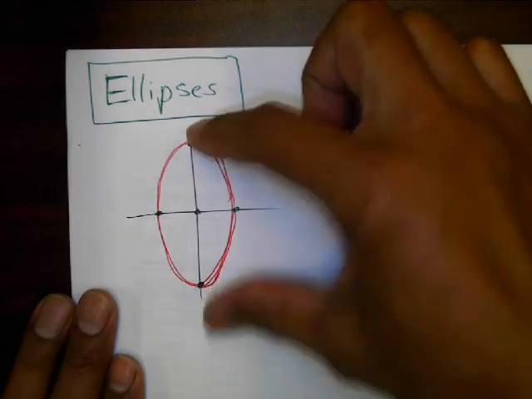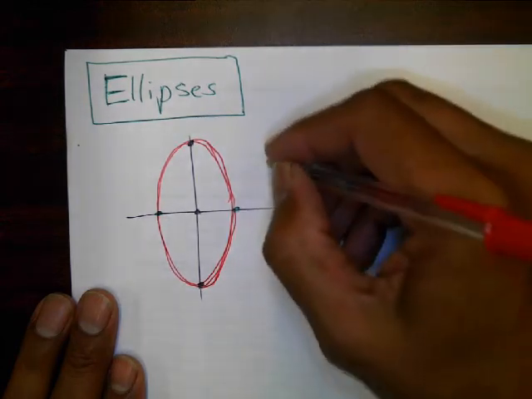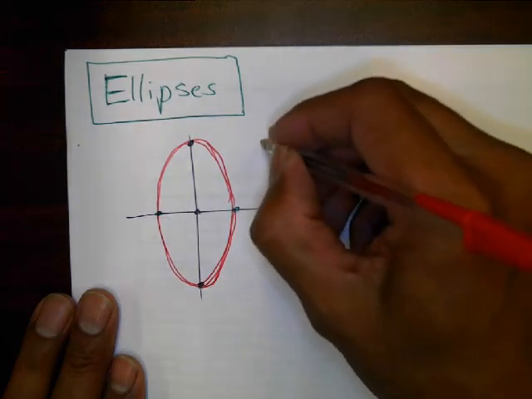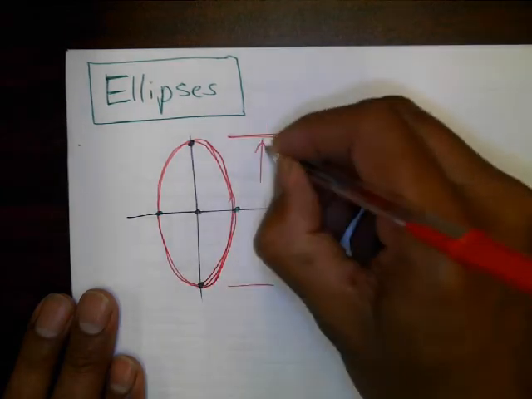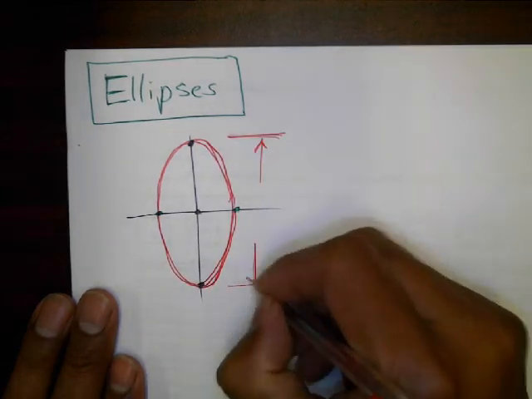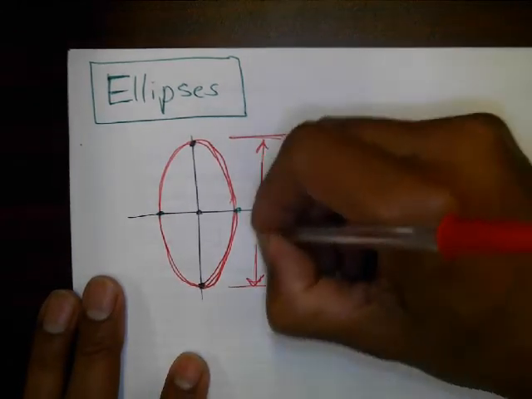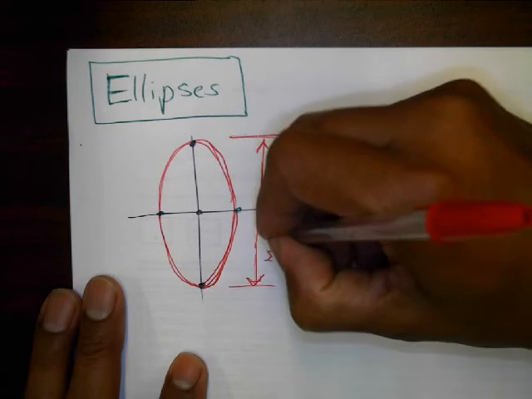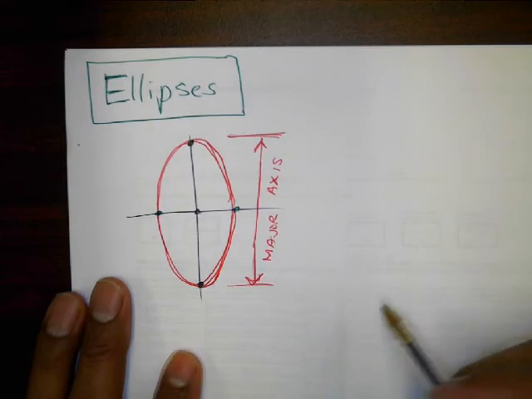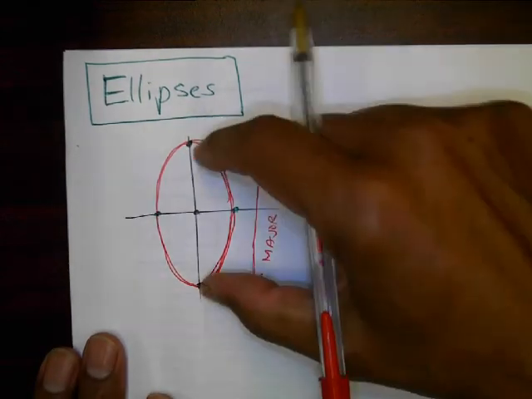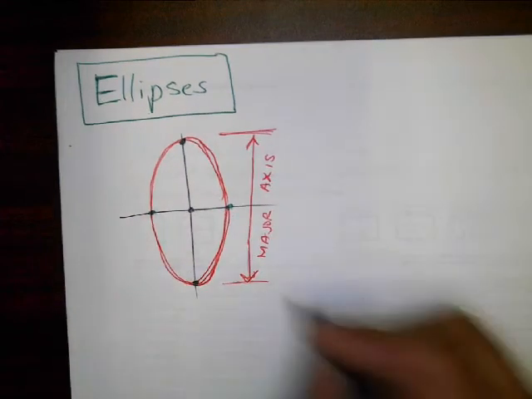If it's stretched out or longer this way, this one's considered, from here to here, the major axis. Can you guys see this? I'm writing this sideways. This is the major axis. It's going this way. I mean, it's longer this way. Obviously, it's shorter this way.